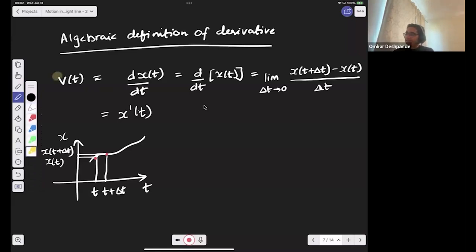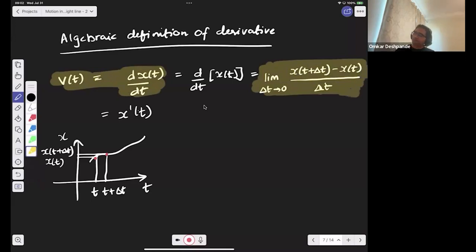All right, so I'll just highlight this: remember this limit definition of the derivative. You're cutting time into an infinite number of infinitesimally small time intervals and defining the instantaneous velocity at each of those intervals.